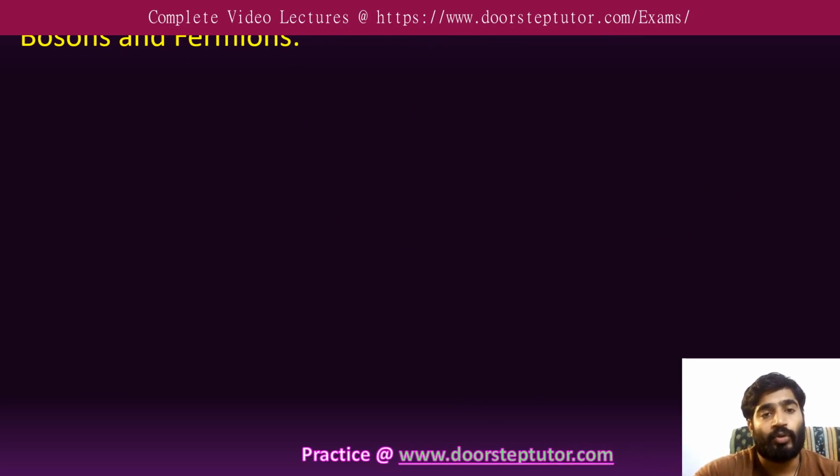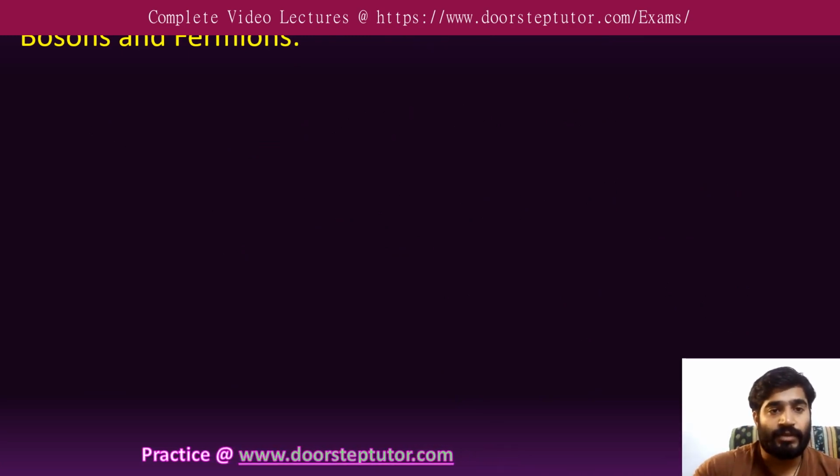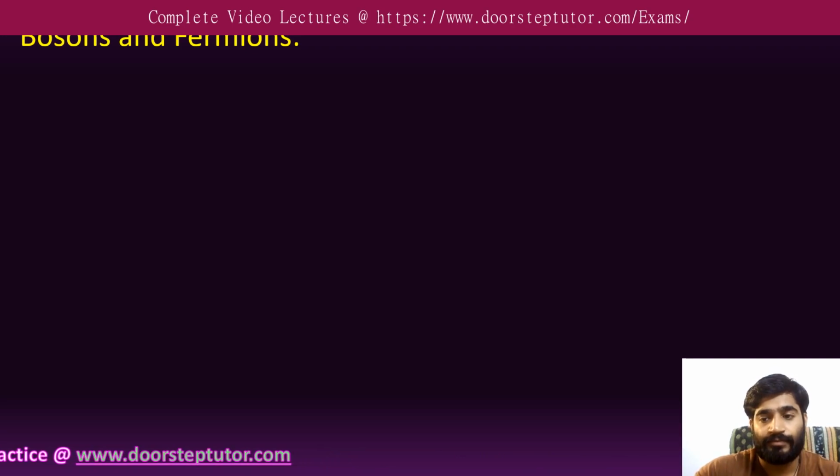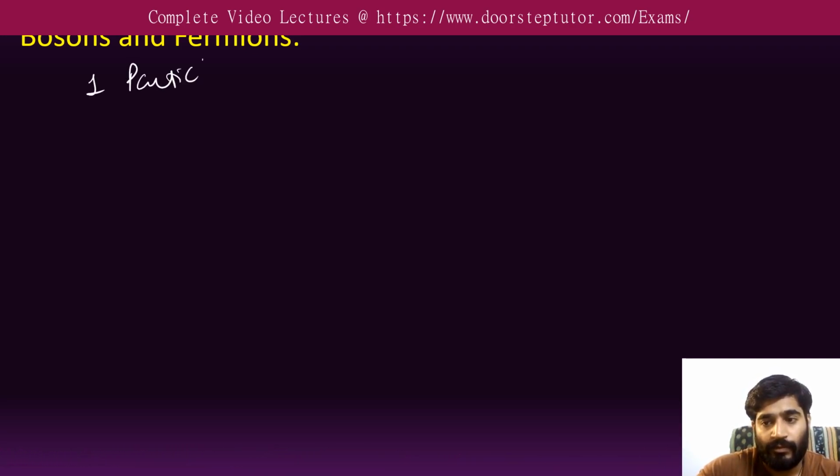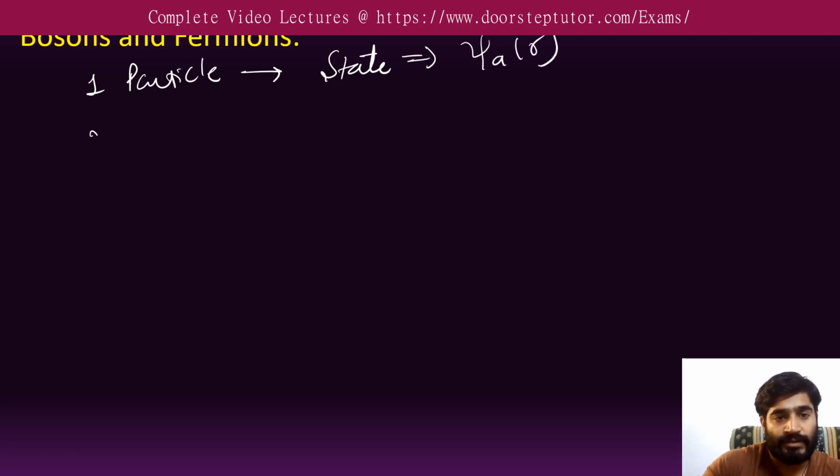Now we talk about the bosons and fermions, and for this, suppose we have one particle and its state is psi a as a function of r.